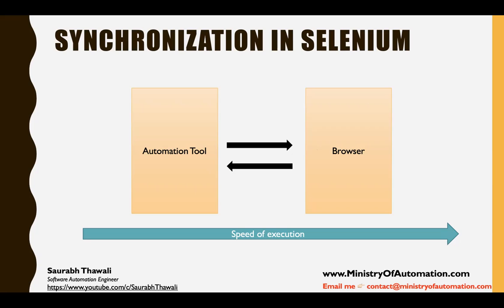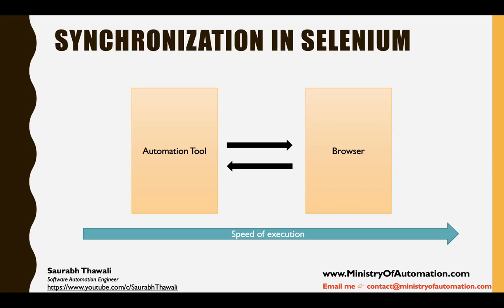But if the speed of the tool is greater than the way the browser is responding, for example, if the tool says, okay, I will do driver.findElement, and then I'll quickly try to perform a click, before it tries to perform a click, if the element is not even available, it will throw an exception, right? It will say, hey, I am not able to find an element.